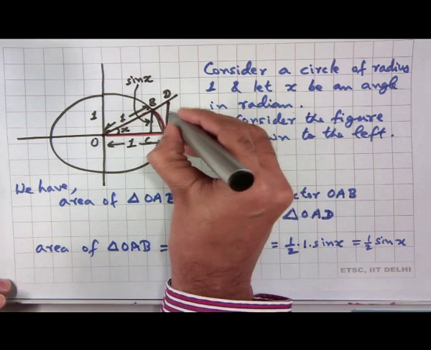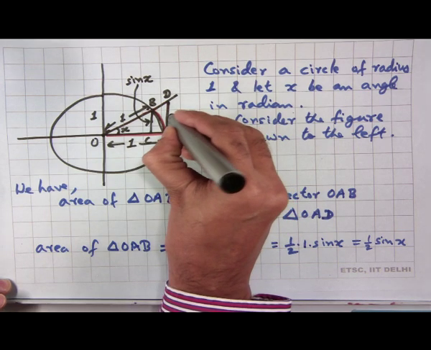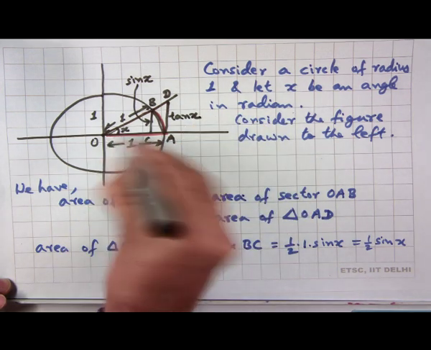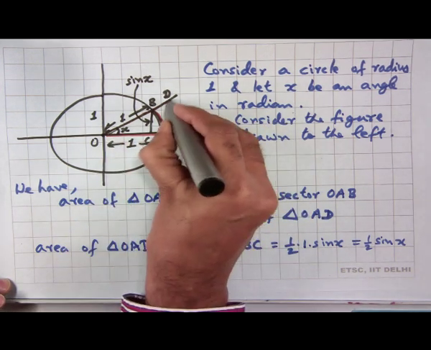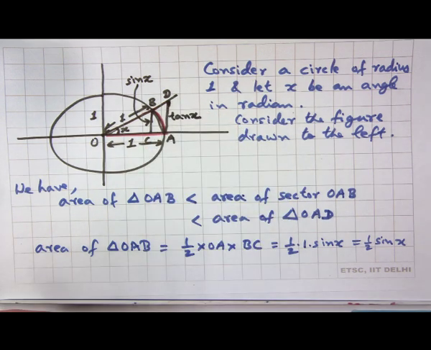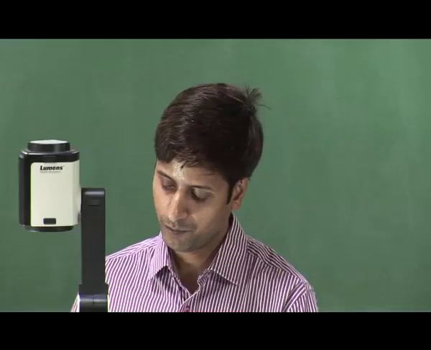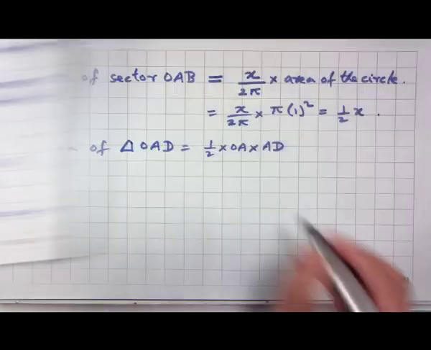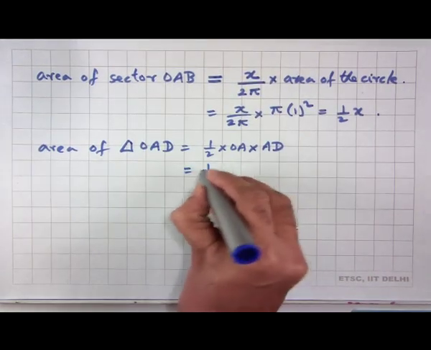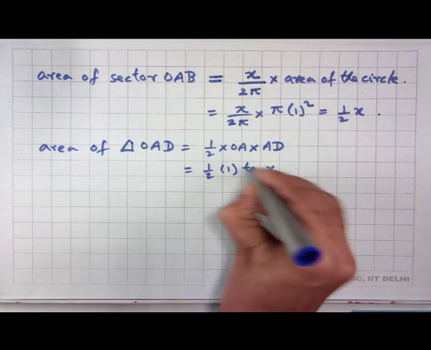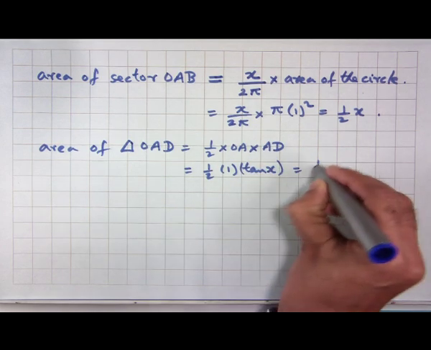What is the length of AD? In this triangle OAD, if we see, this base is of length 1. So, this opposite side is of length tan x. So, this is equal to half times OA times AD. So, that is half times 1 times tan x. So, this is half tan x.